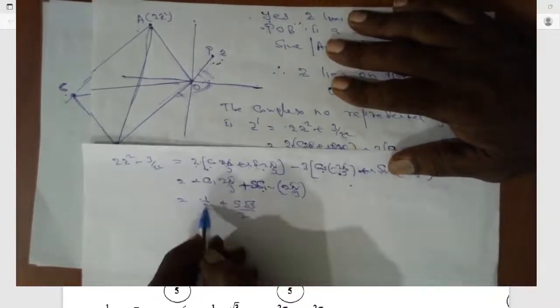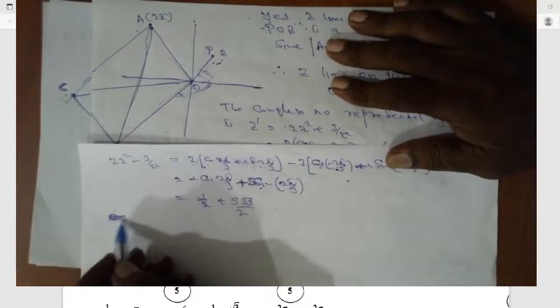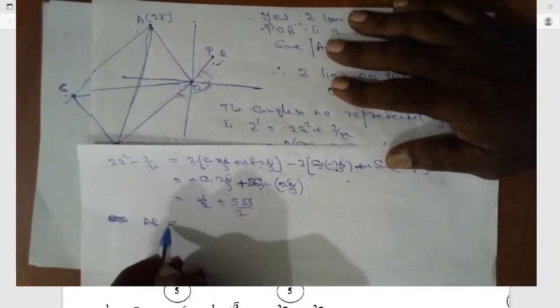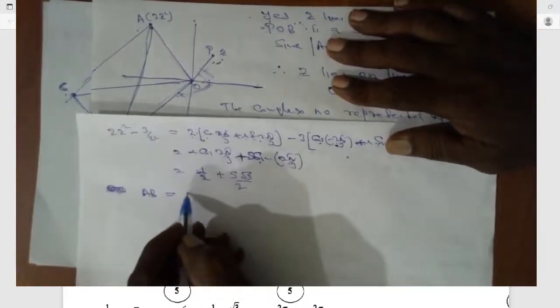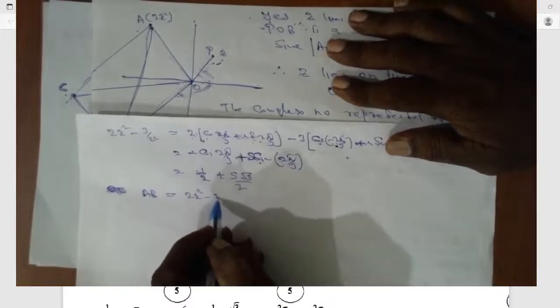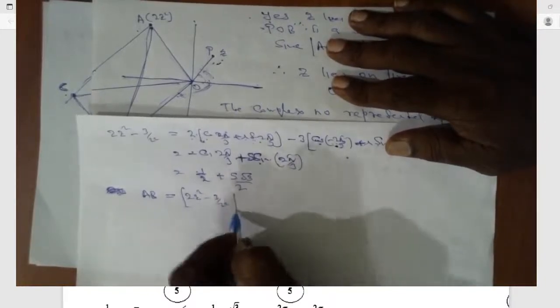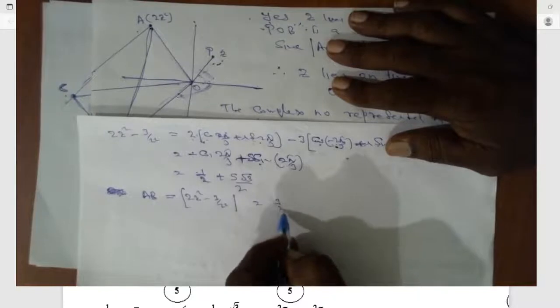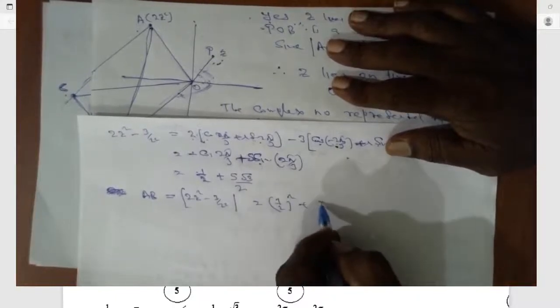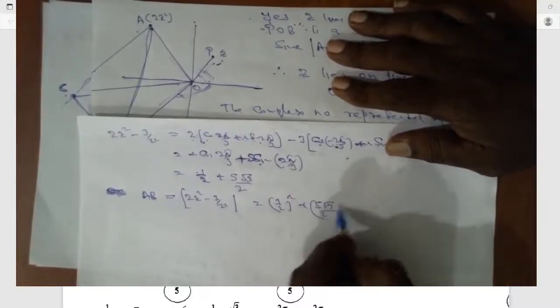So this is the difference of two complex numbers. Then AB equals the modulus of 2z squared minus 3z squared: half squared plus 5 root 3 by 2 squared, whole thing square root.